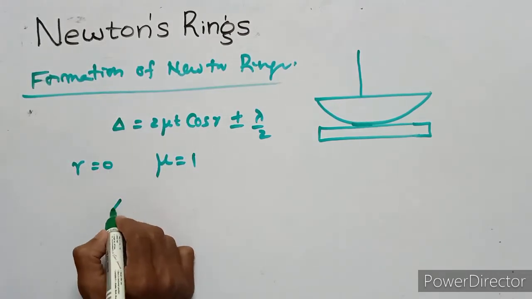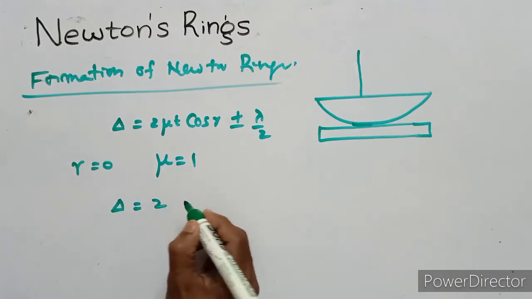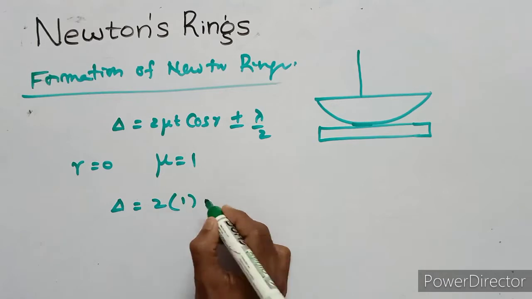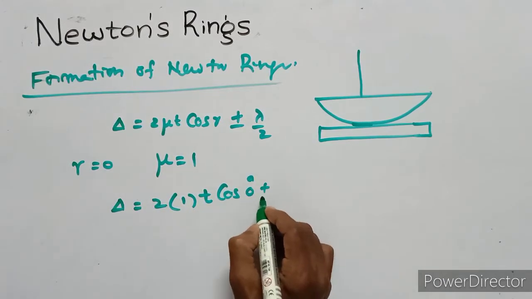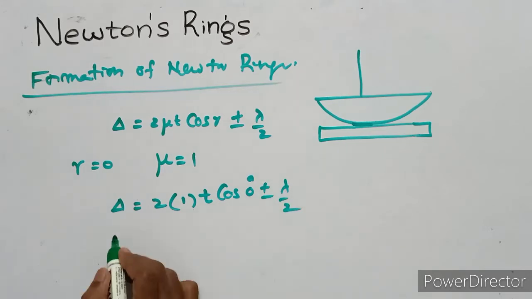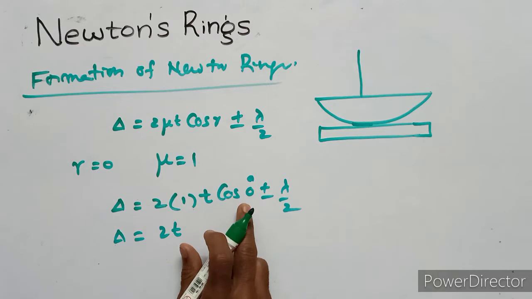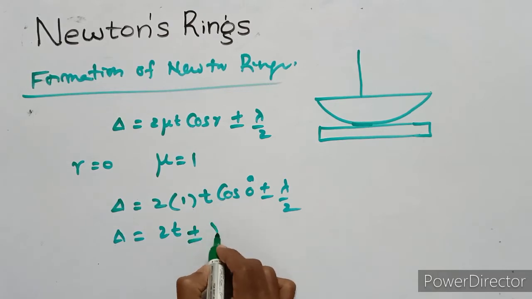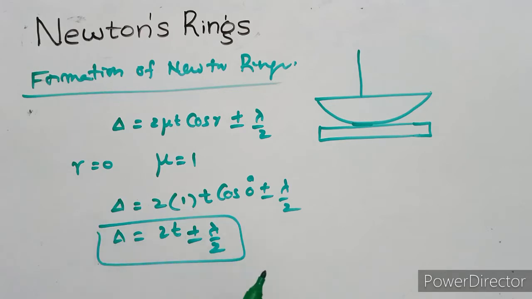So delta equals 2 t cos 0 plus or minus lambda upon 2, which is 2t plus or minus lambda upon 2.